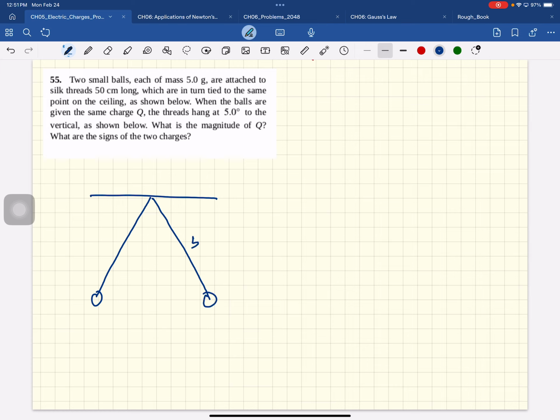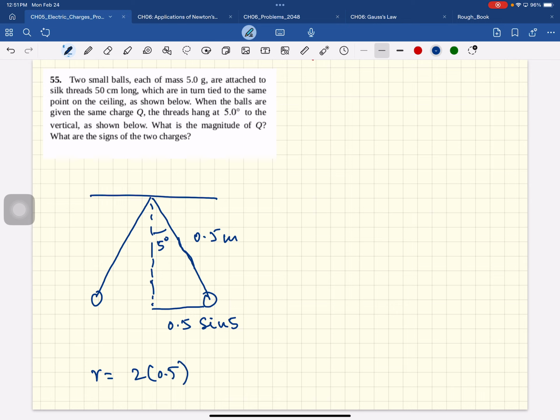This is 0.5 meters. This is 5 degrees. So this distance is 0.5 sine 5. And so R is 2 times 0.5 times sine 5.